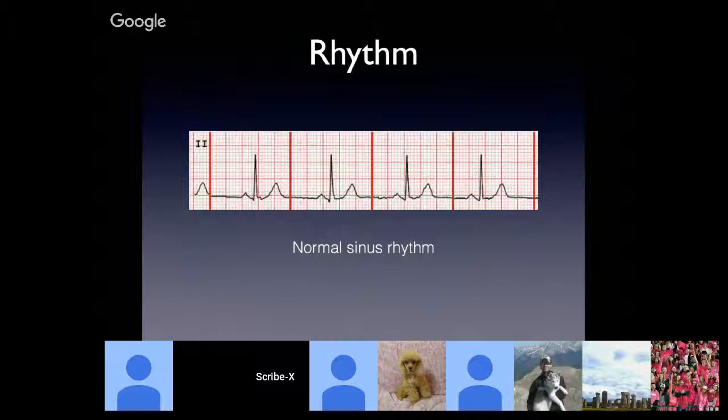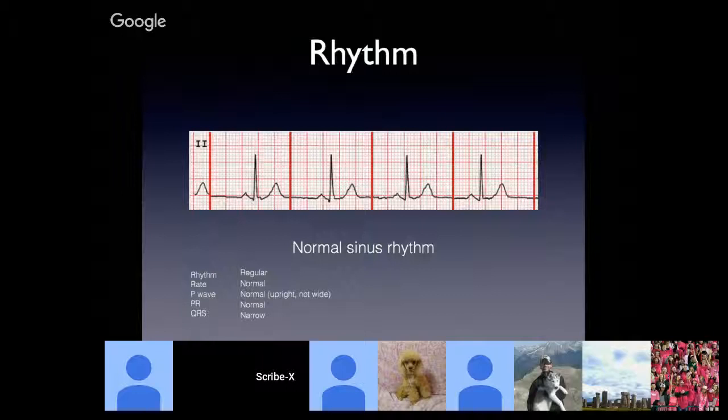If there are abnormalities, then we become more interested in the lead. So this is normal sinus rhythm. The rhythm is regular as opposed to irregular. The rate is normal, so it's between 60 and 100. The P waves are normal, and if they're abnormal, that tells us something about the patient. The PR interval is a normal length, not short, not long.